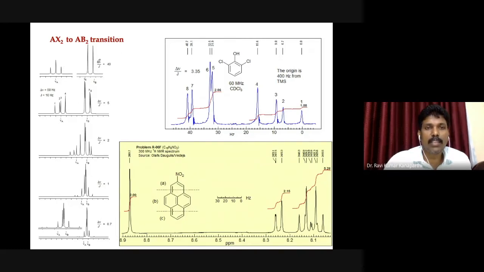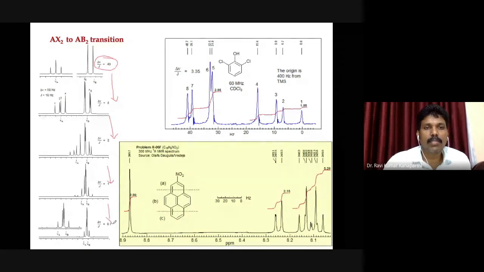This is the AX2 system, but if this ratio is decreasing, if it becomes 5, 2, 1, monitor the nature of these spectral lines. You can see that the outer lines go down while the inner line intensity goes up.